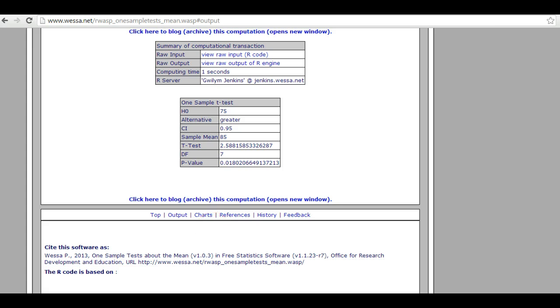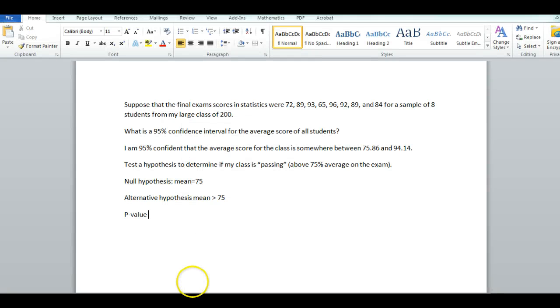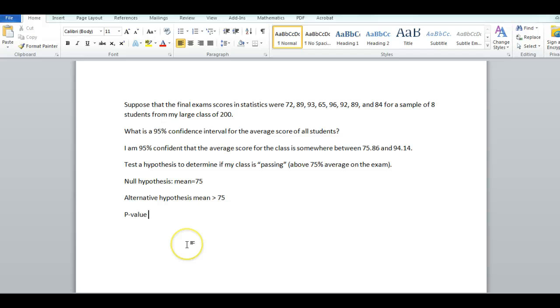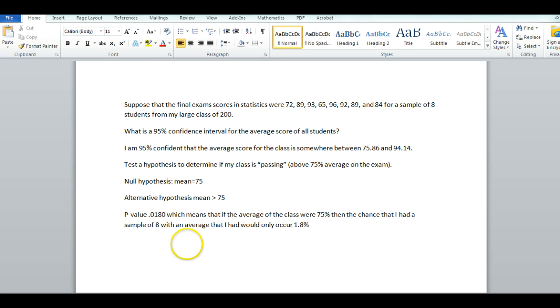So my p-value this time is 0.0180, which means that if the average of the class were 75%, then the chance that I had a sample of 8 with the average that I had would only occur 1.8% of the time. This is rare. That's less than our standard 5% cutoff level.